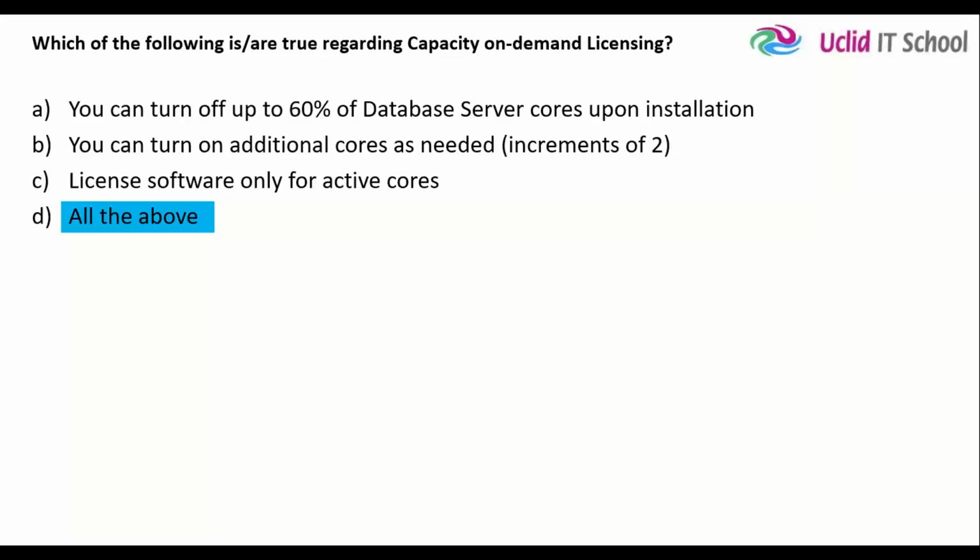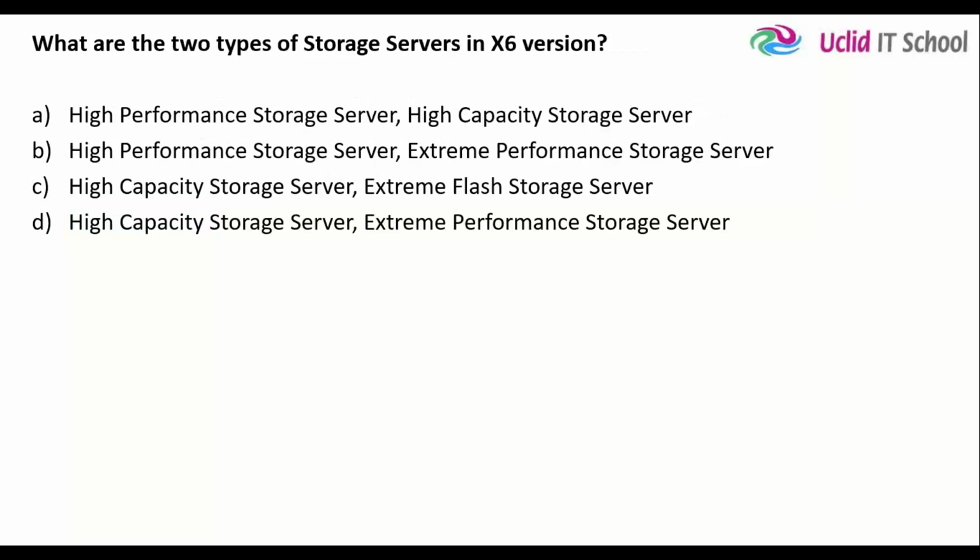All of the above. These are all true. You can turn off 60% cores, turn on additional cores as needed, license software only for active. All are true. All are correct. All the above. Yeah, correct, Mohammed.